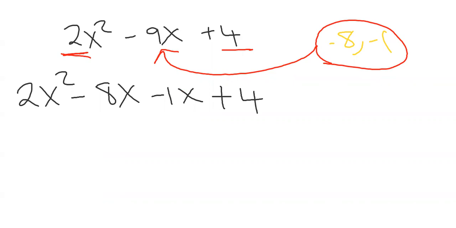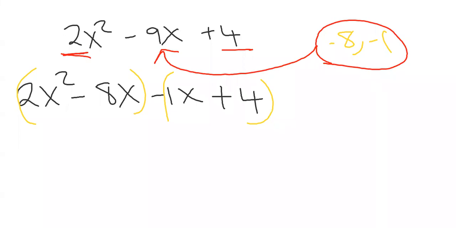Then we now have 4 terms. Then I said 4 terms usually are factorized by grouping. So it means you take your first 2 terms, put them inside the brackets, then take the last 2 terms and put them inside the bracket. Then you factorize each bracket separately.